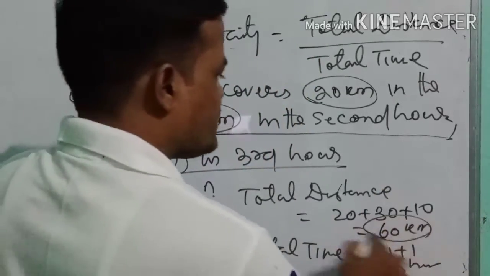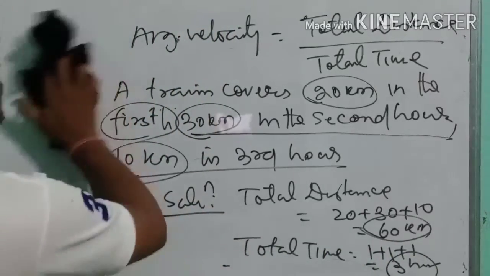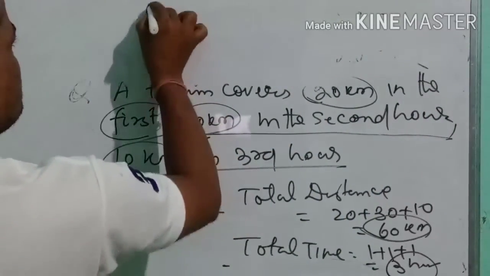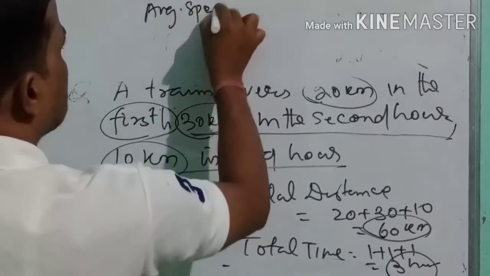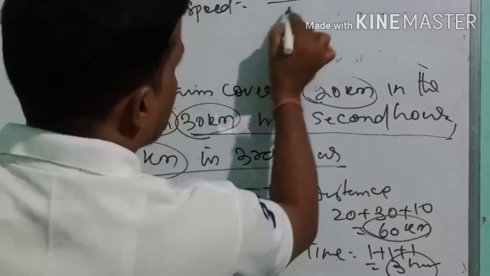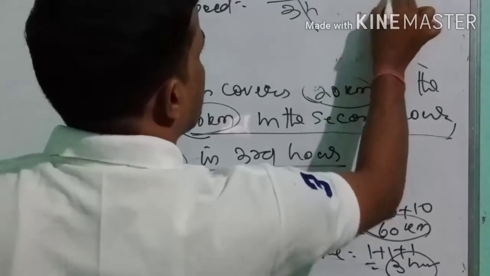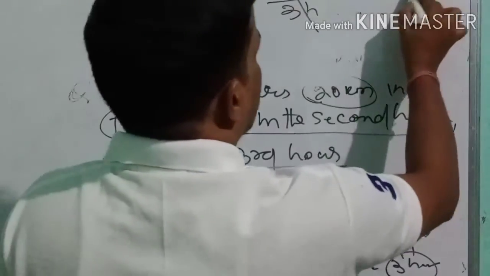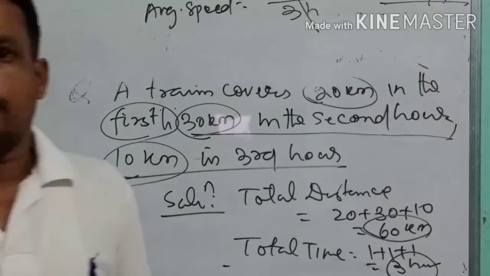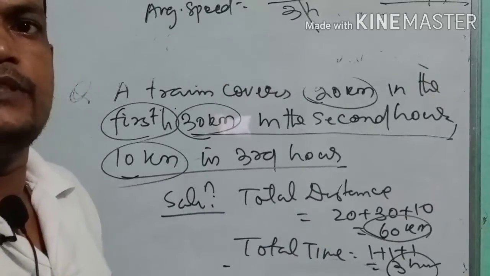The total distance is 60, total time is 3 hours. Then average speed equals 60 kilometer per 3 hour, equal to 20 kilometer per hour. This is the average speed of the train.